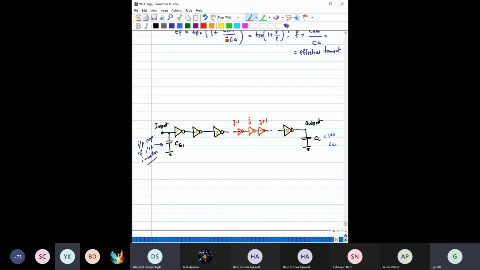Okay, and here too, the input capacitance, here we will write it as CGJ minus 1. Here it is CGJ, and for here this capacitance is CGJ plus 1.